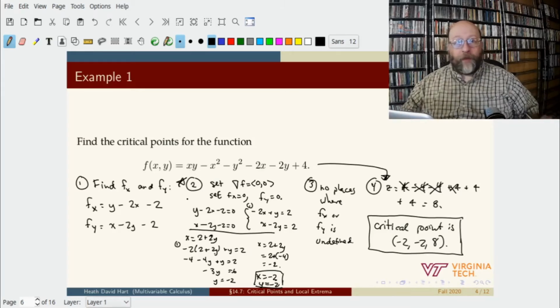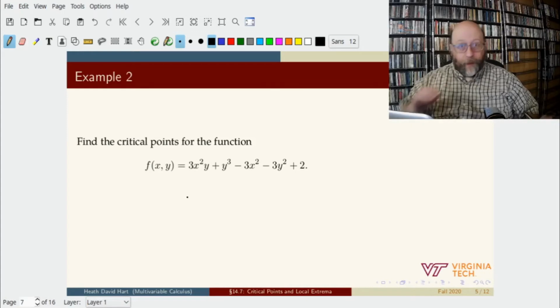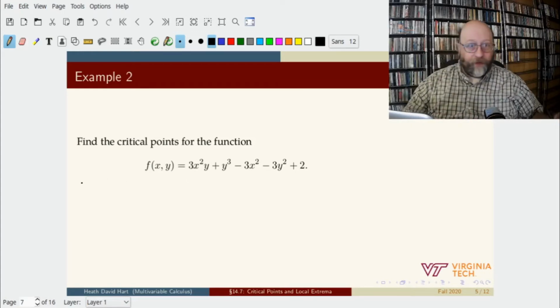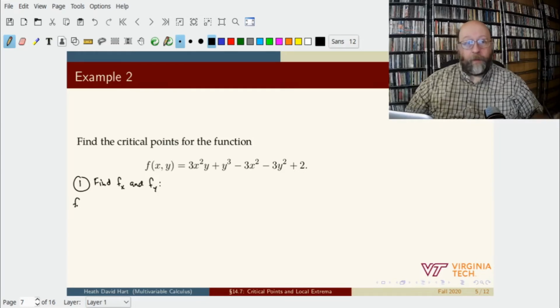Let's try another example. Let's find the critical points for this function. The first thing we want to do is take the partial derivatives. So the partial derivative in the x direction is 6xy minus 6x, and everything else goes away.